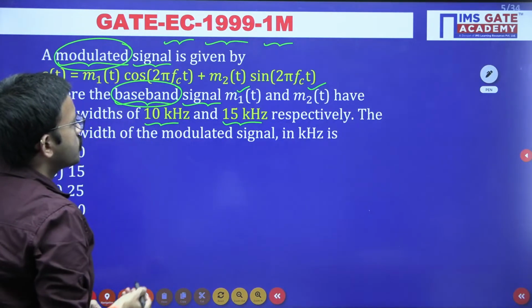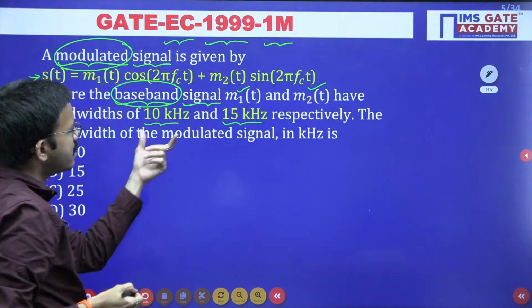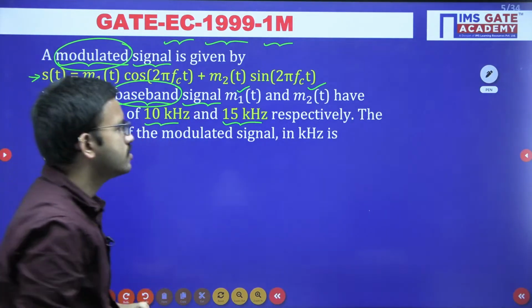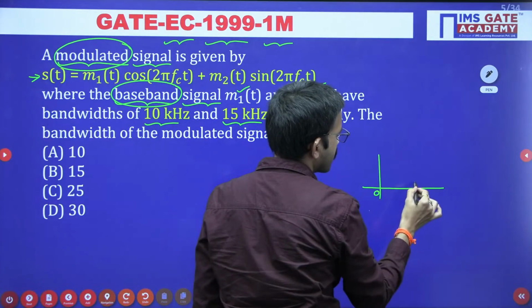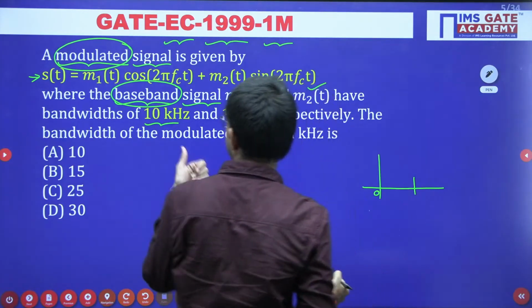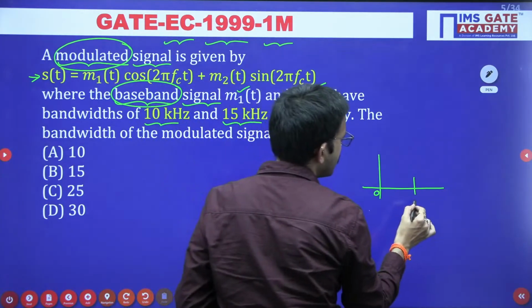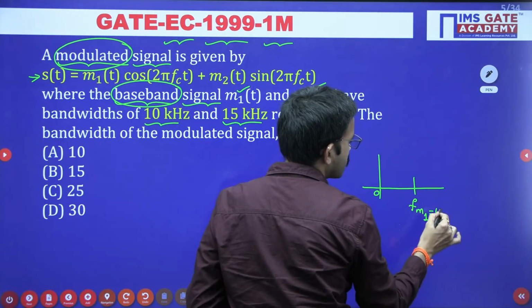Whatever bandwidth they have mentioned starts from 0. So the 10 kHz is nothing but fM1, fM1 of 10 kHz.